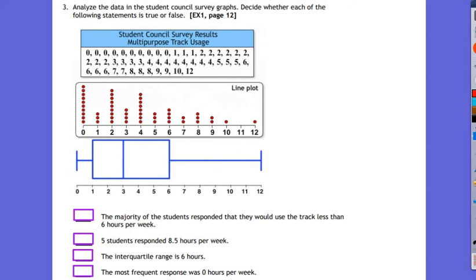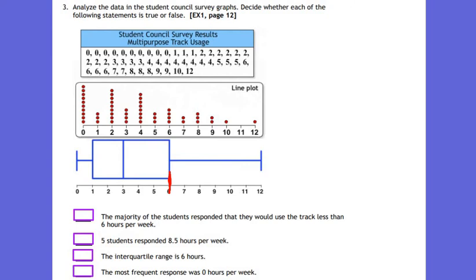It says using the track less than 6 hours per week. Yesterday I talked about what each section represented of the box and whisker. What did it represent? 25%. So I can quickly see that 6 and below has what percent of the data? 75%.